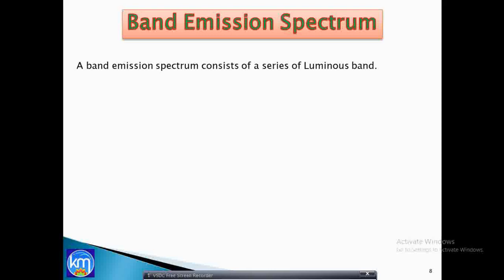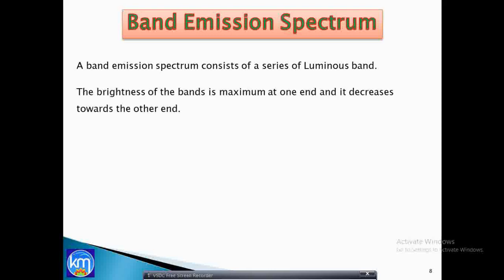The band emission spectrum consists of a series of luminous bands. Luminous means emission of light. The brightest end is called the band head. The intensity is maximum at one end, and as you go from one end to the other, the intensity keeps decreasing.